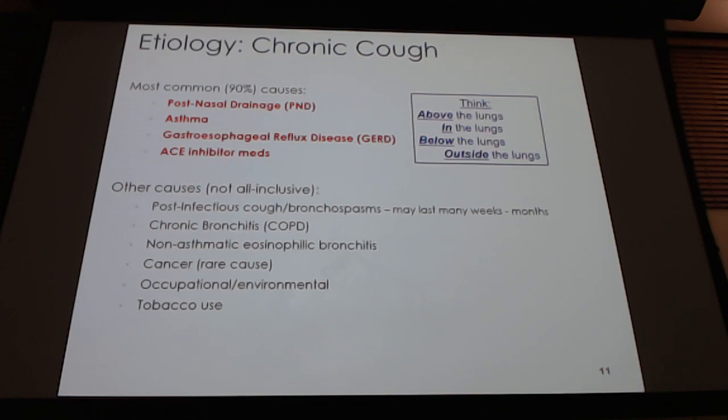So most common, according to your reference, postnasal drainage, asthma, GERD, and medications. And then some other ones at the bottom. Something in the environment. So timing of the cough is important.